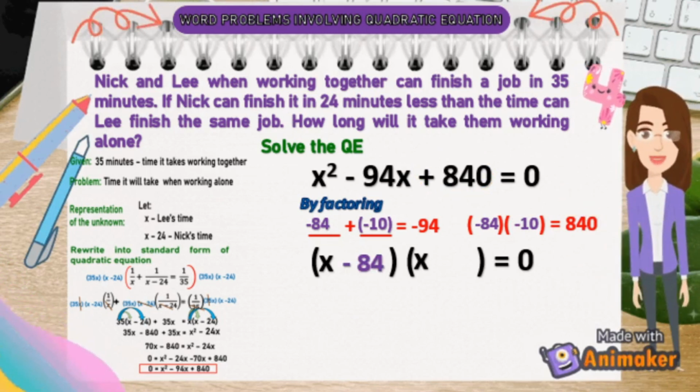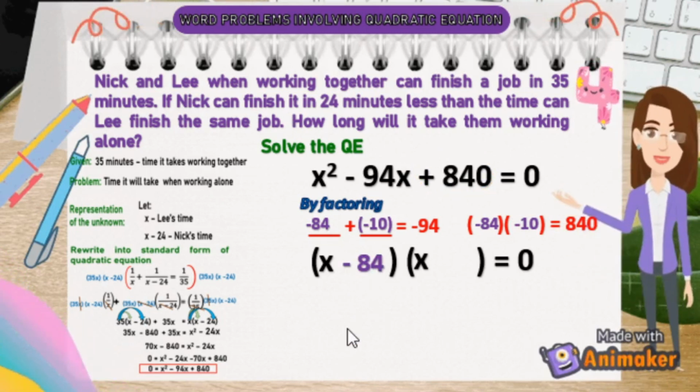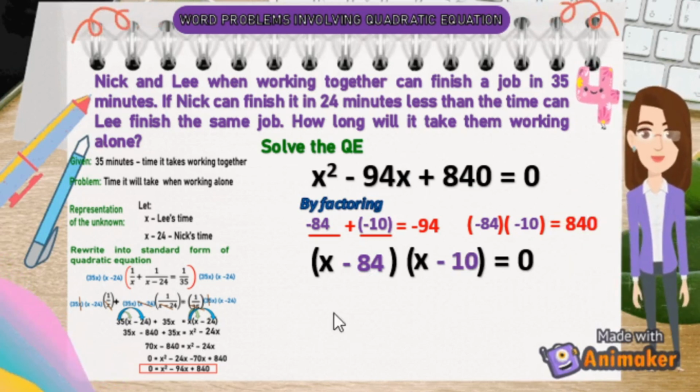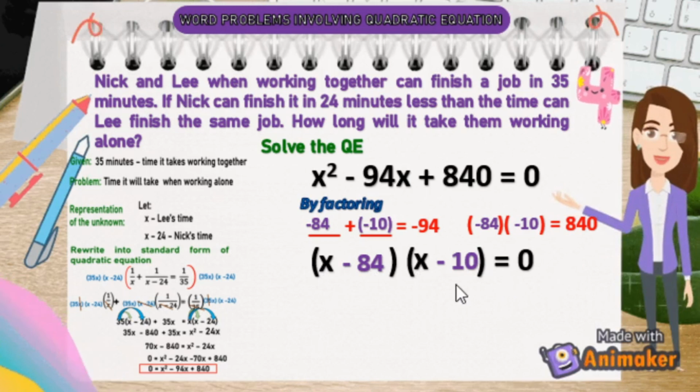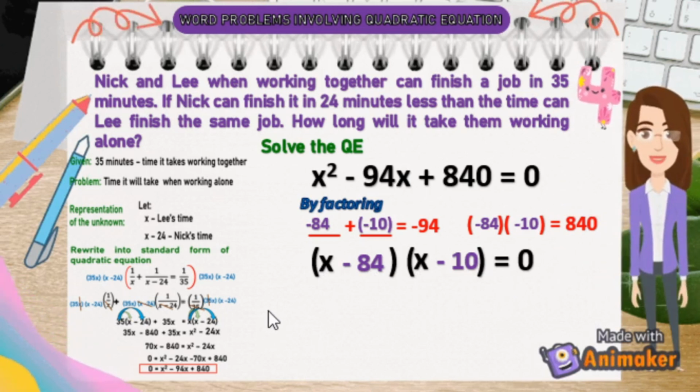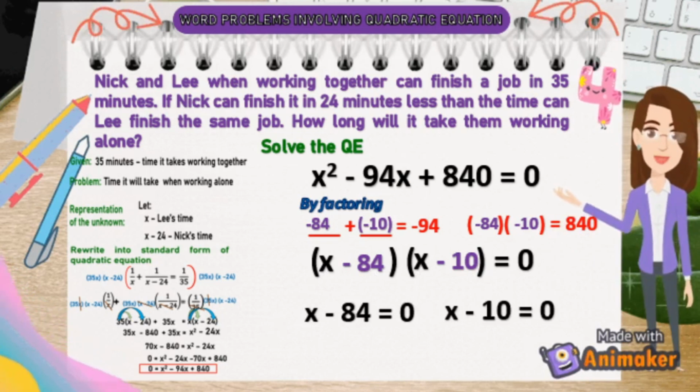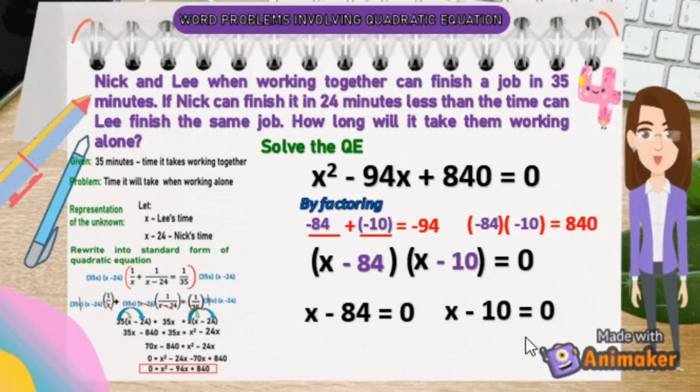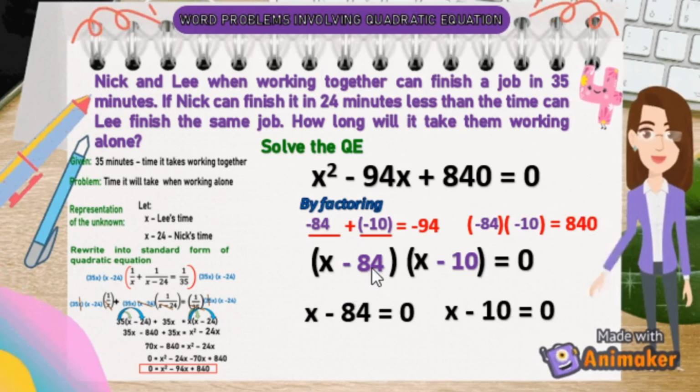So, therefore, magkakaroon tayo ng x minus 84 times x minus 10 is equal to 0. And then, equate natin sila sa 0 or the zero product property. Magkakaroon tayo ng x minus 84 is equal to 0. And x minus 10 is equal to 0 or simply pinaghiwalay natin.